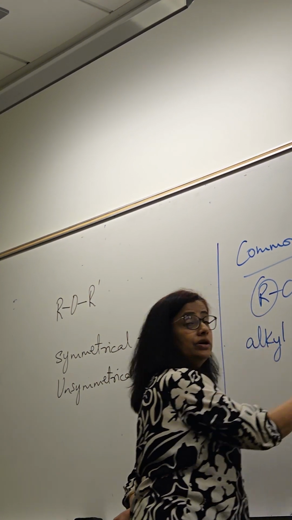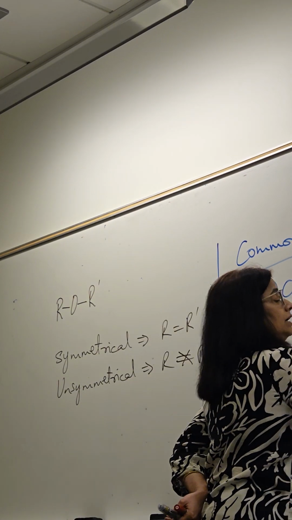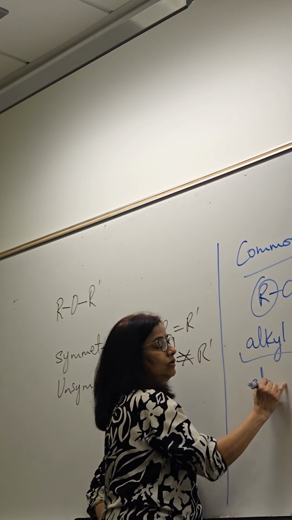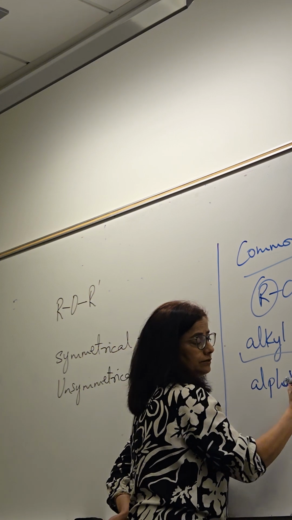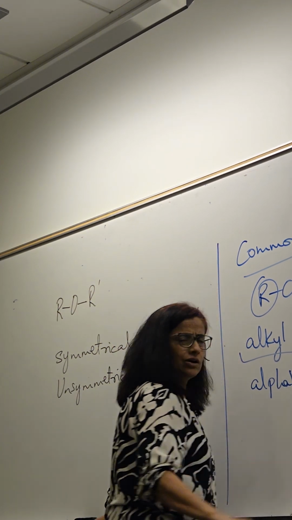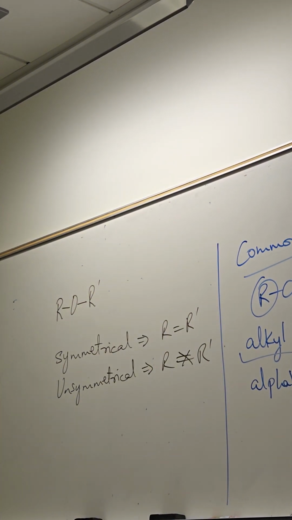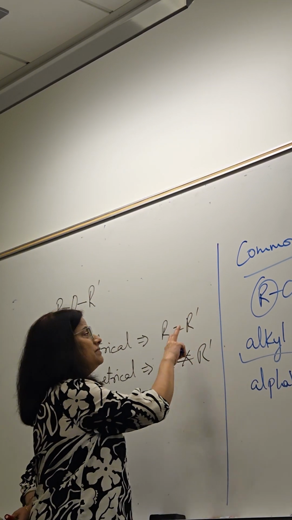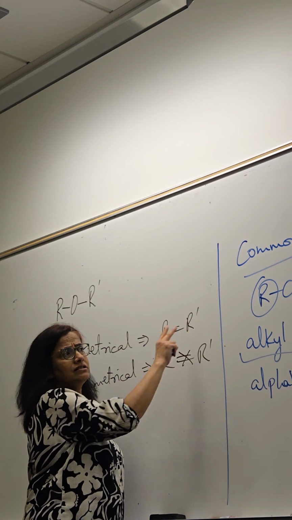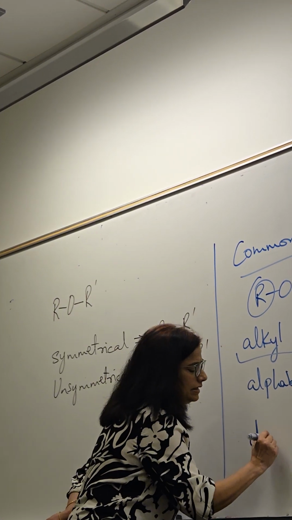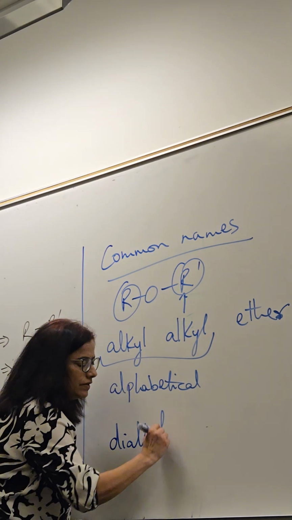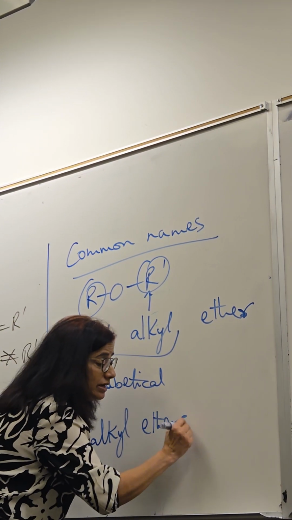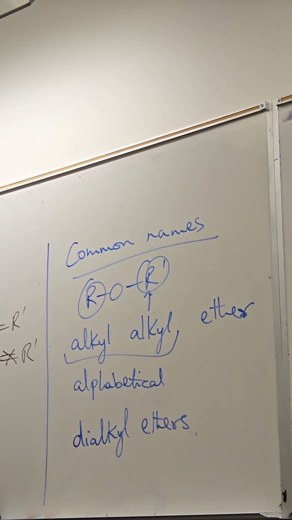So there are three separate words. Of course, these are in alphabetical order, as you would expect, because that's how we name things, right, in alphabetical order. So three words, alkyl, alkyl, ether, whatever those alkyls are. But if it's a symmetrical ether, which means the alkyls are the same, then it's simply dialkyl ether. So those are the common names for ethers, and it only works for small, simple ethers.